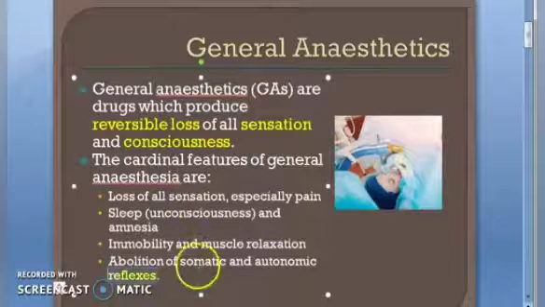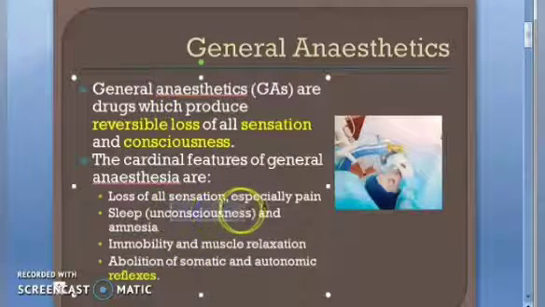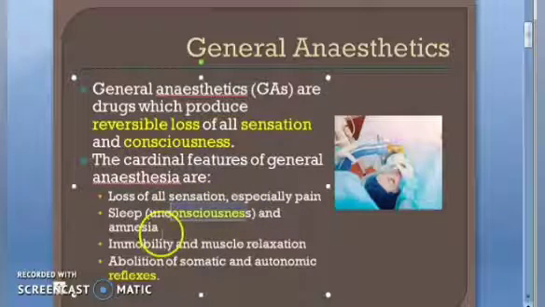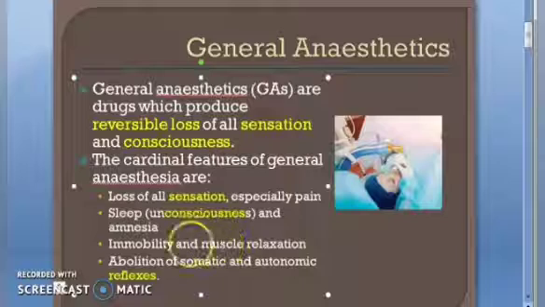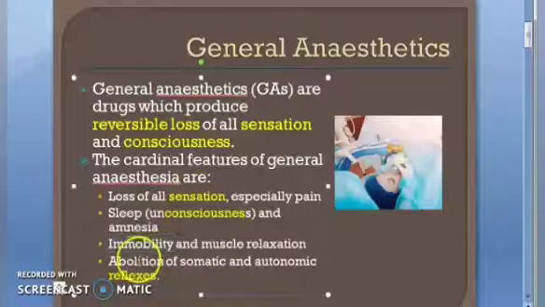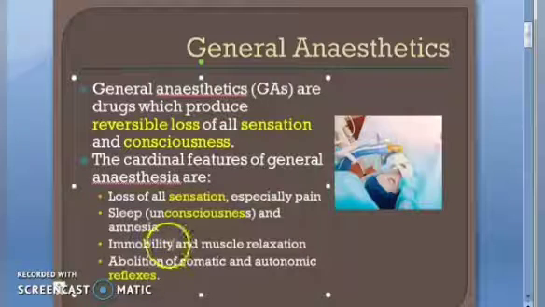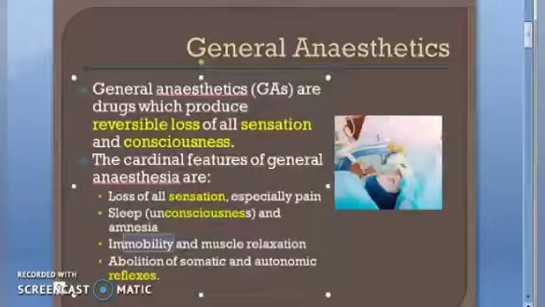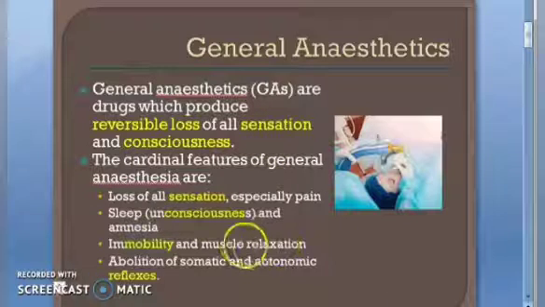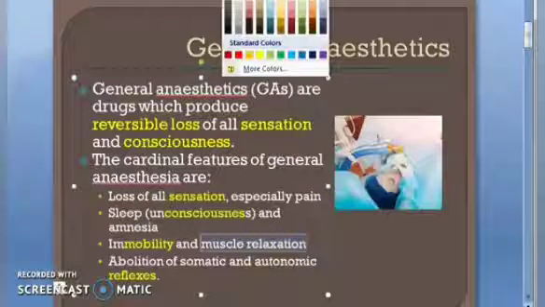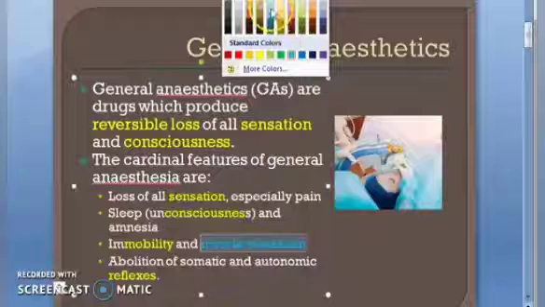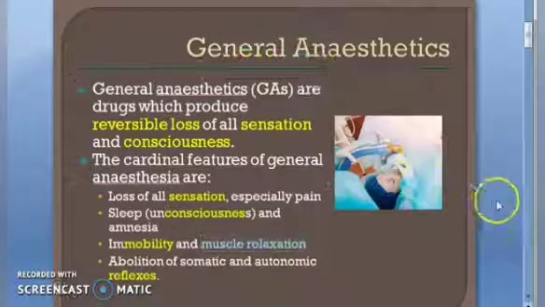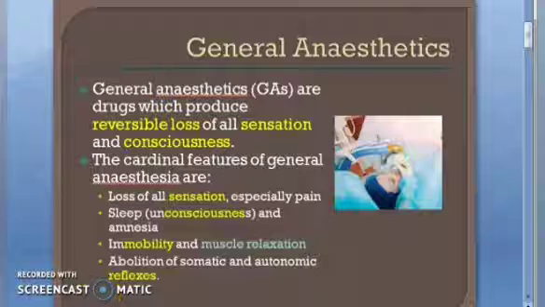So reflexes are lost, consciousness is lost, sensation is lost, especially pain is lost, immobility, he can't move, loss of mobility you can say, muscles are relaxed, and abolition of reflexes. This is the only kind of different word if you want to put it like this. Got it right? So general anesthesia you have understood.